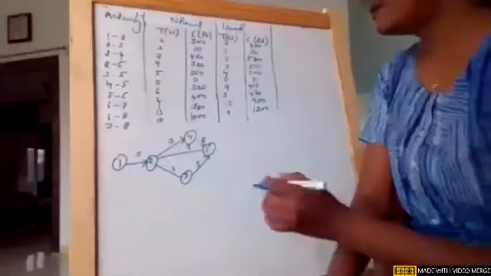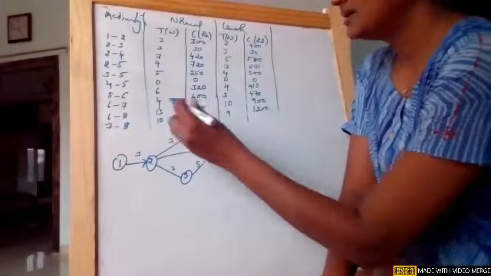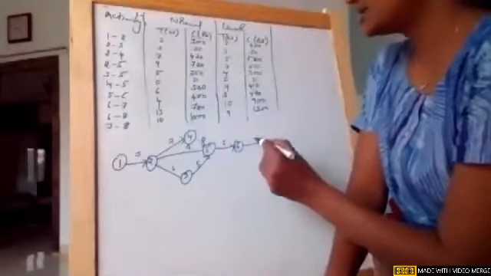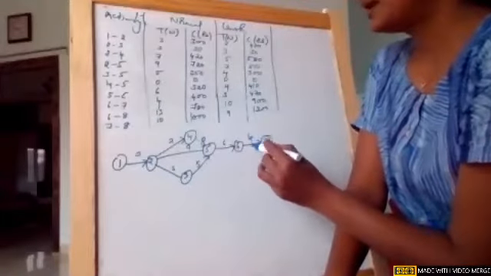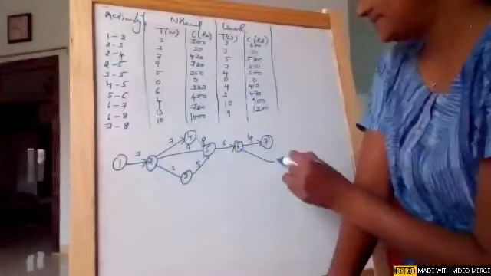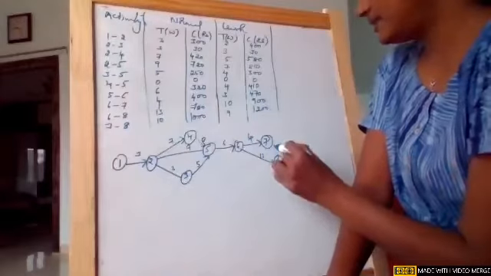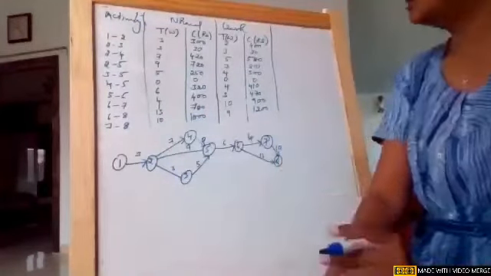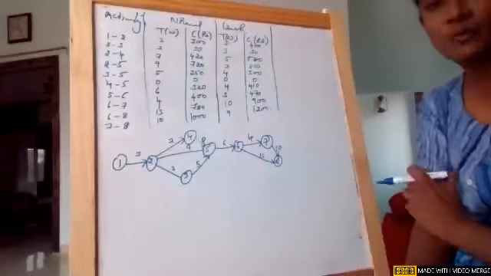Okay, and 5 to 6, the duration is 6, and 6 to 7, the duration is 4, and 6 to 8, the duration is 13, and 7 to 8. On the network, I'm just writing the normal duration only. I didn't go to crashing duration. We will see crashing when it is required.